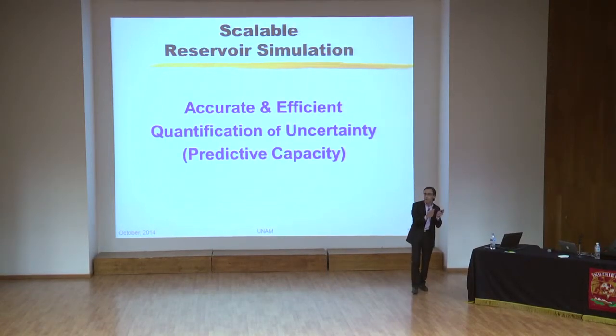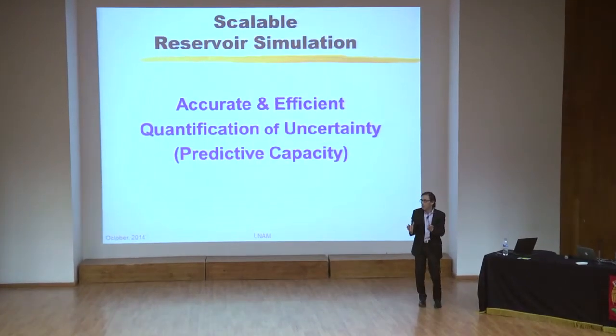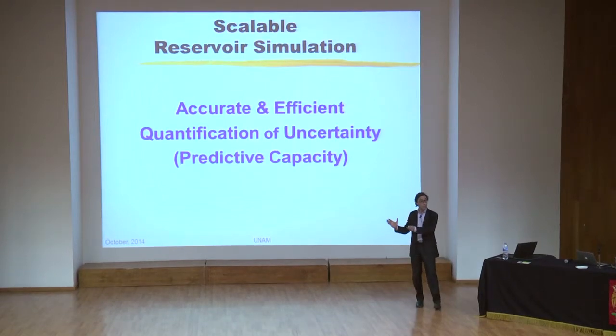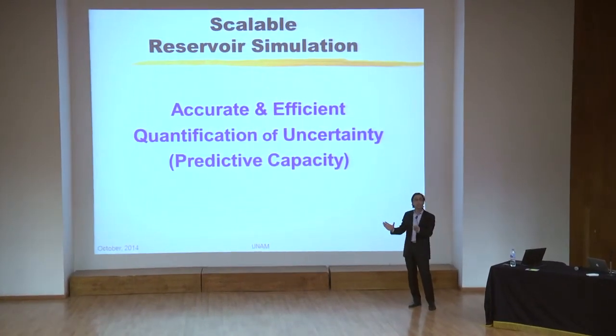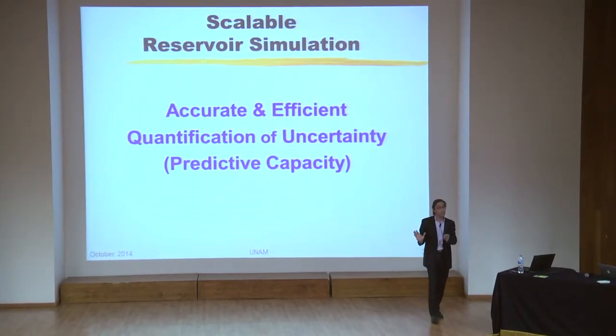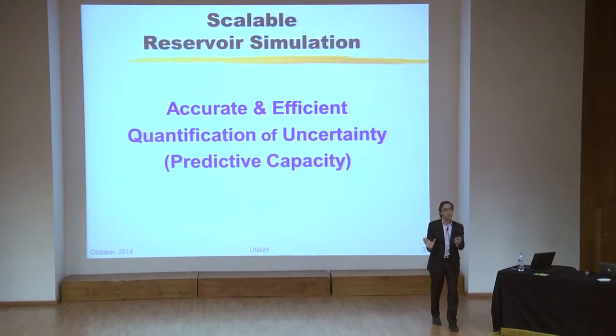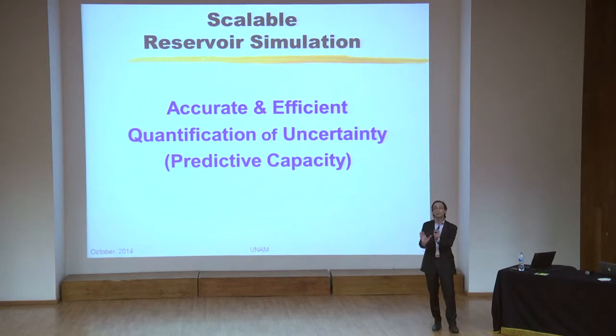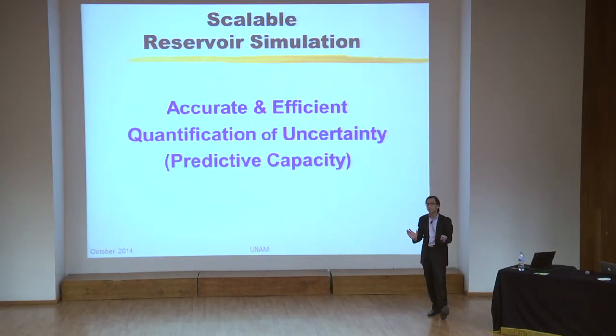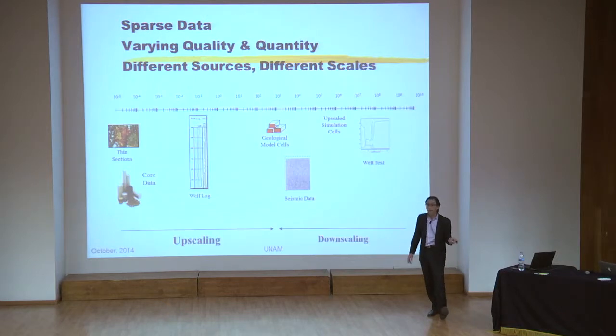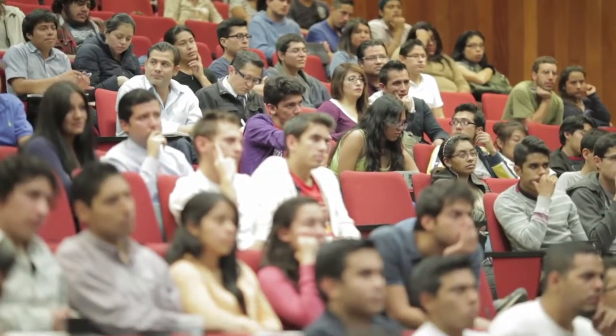You want to keep in mind that the more you understand about the system, the better the prediction gets. But in the end, the complexity of the problem still means that whatever you make predictions of is not completely certain. And that's because a lot of the information that we have is actually a sparse sampling of the problem.